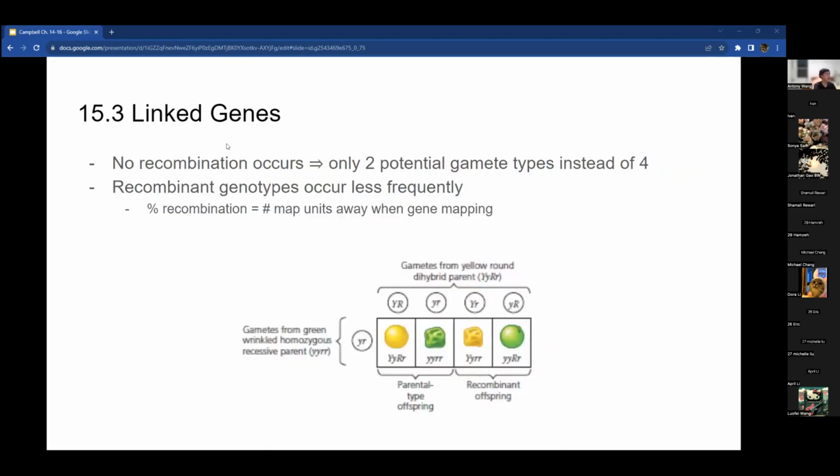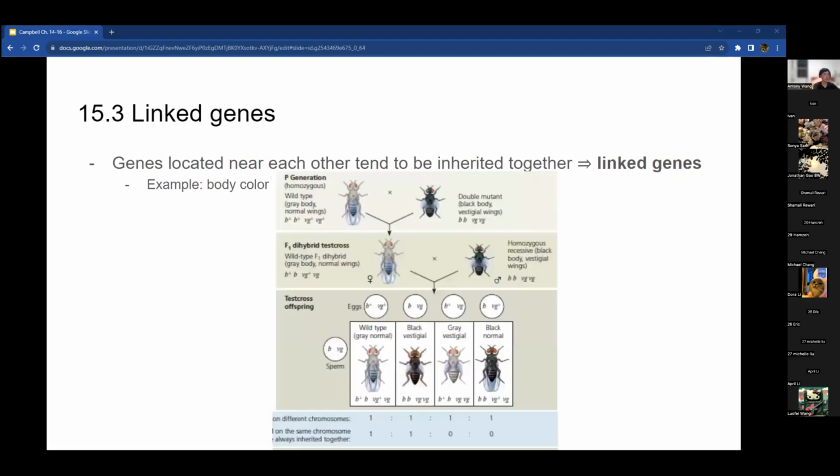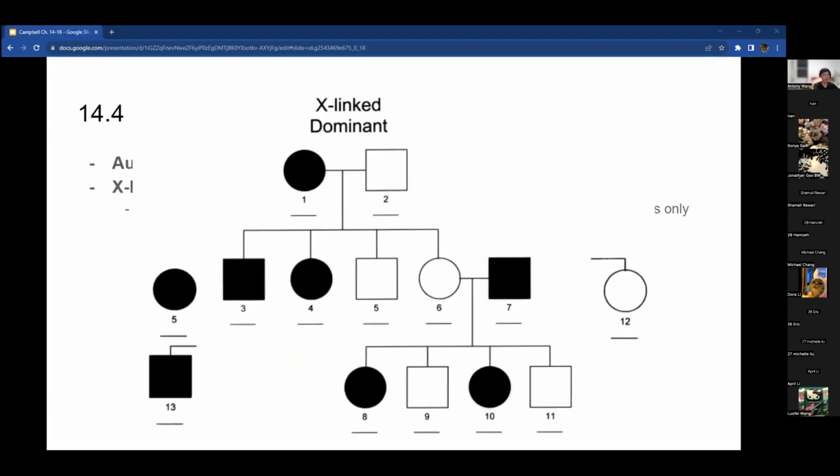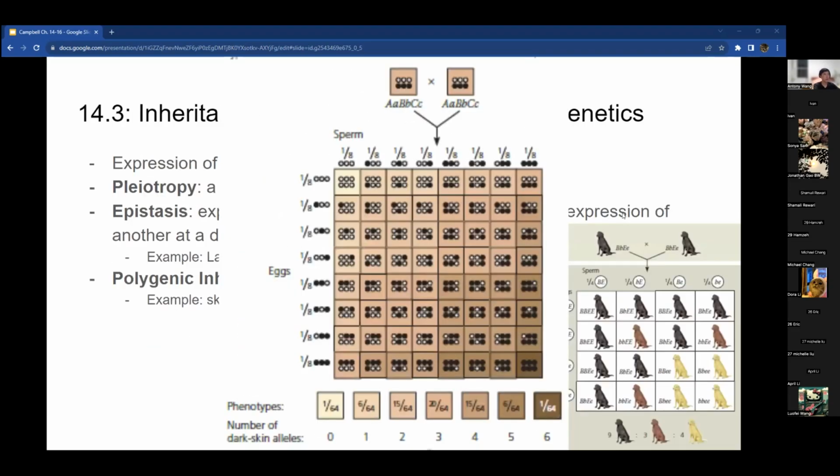Carrying on. Linked genes. No recombination occurs. Remember when we had, let me just go back. Right here in this corner.